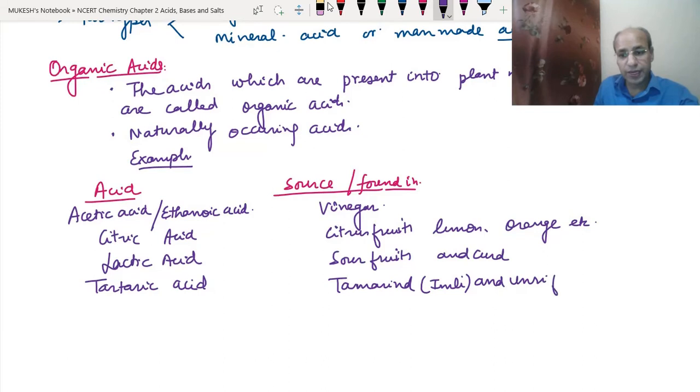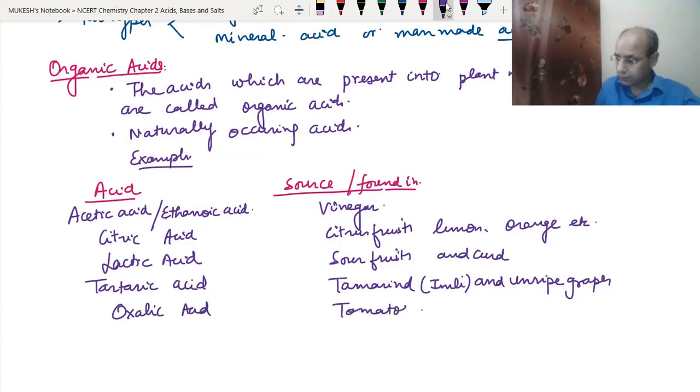If we have eaten unripe grapes, they are sour, so in those unripe grapes tartaric acid is found. Now next is oxalic acid. Oxalic acid is found in tomatoes. Just taste a tomato, it is sour in taste. So oxalic acid is found in tomato.